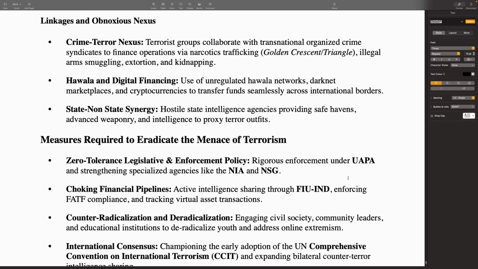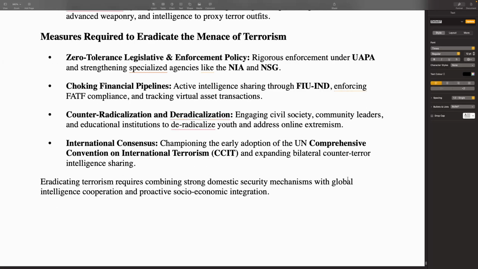Measures required to eradicate the menace of terrorism. Zero tolerance legislative and enforcement policy: rigorous enforcement under UAPA and strengthening specialized agencies like the NIA and NSG. Choking financial pipelines: active intelligence sharing through FIU-IND, enforcing FATF compliance and tracking virtual asset transactions. Counter-radicalization and de-radicalization: engaging civil society, community leaders, and educational institutions to de-radicalize youth and address online extremism.